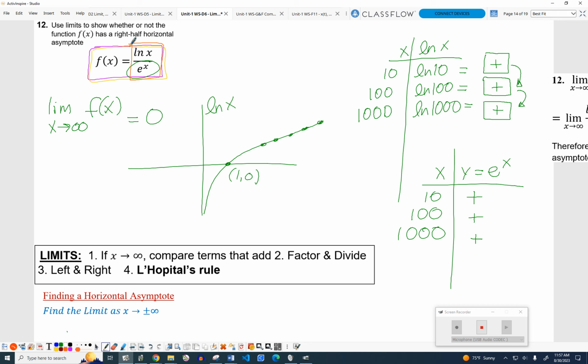It's hard to write down what's happening because the numbers are so big, but I can do a simplified version and say, well, the top is growing, but it's growing very slowly, just little by little, but it keeps growing. The bottom grows so much faster that overall, the fraction increasingly looks more and more like 0. The fraction will never actually be 0, but it does start to look more and more like 0.